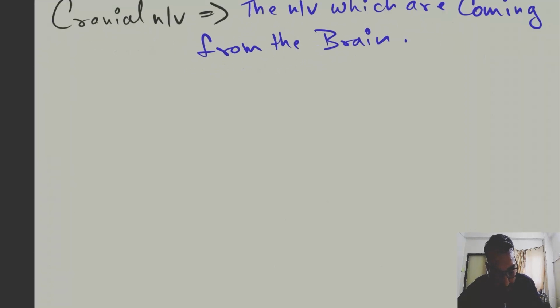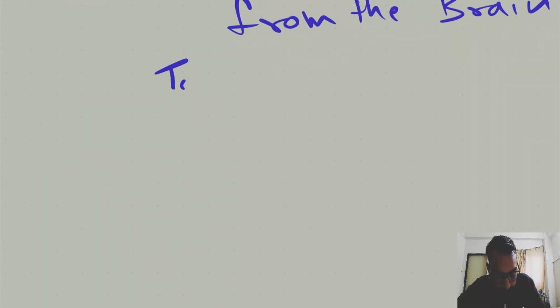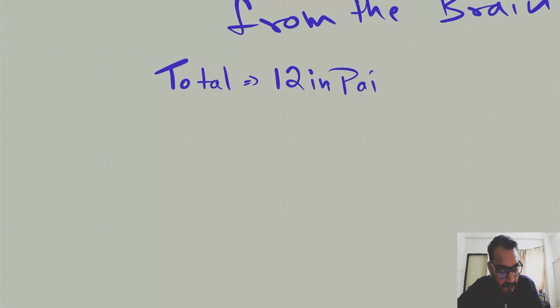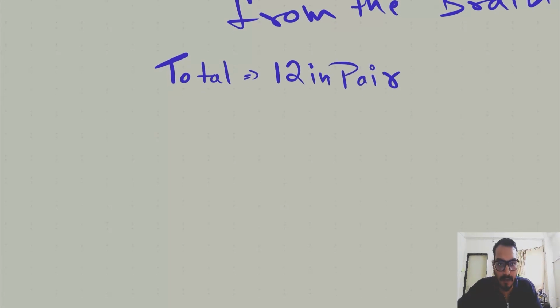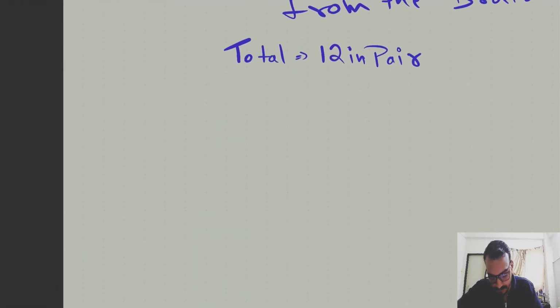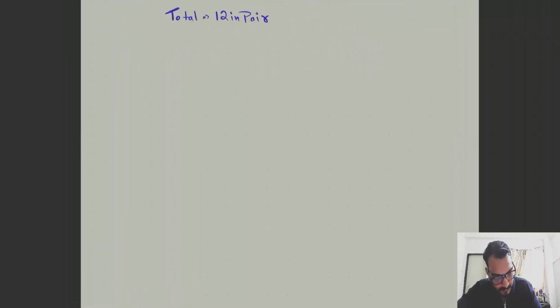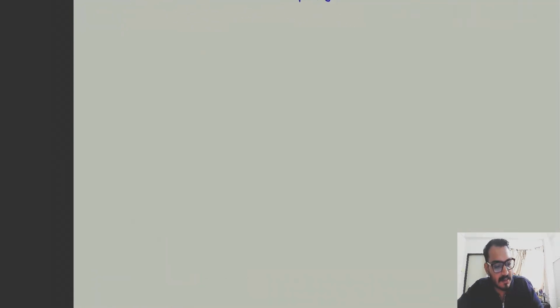You should know how many there are in total: 12 in pair. Let's discuss them. Which ones are they? Cranial number 1, I have one mnemonic.